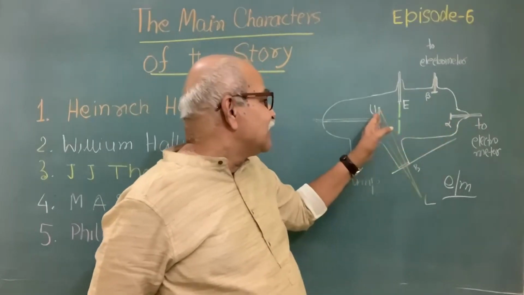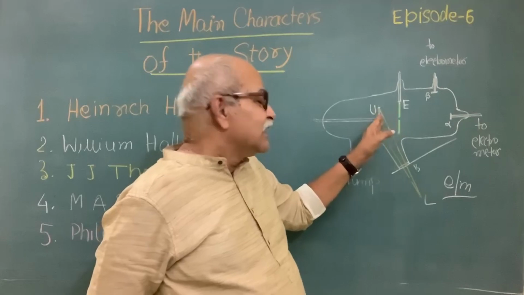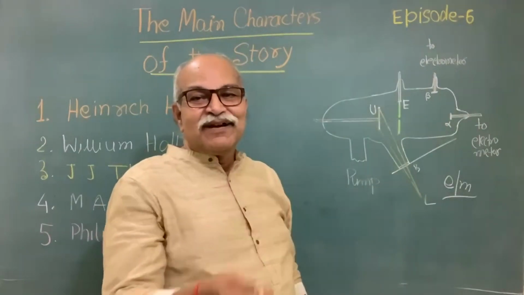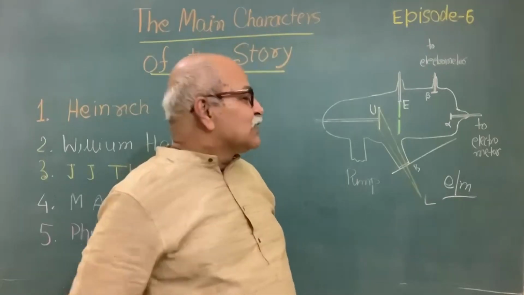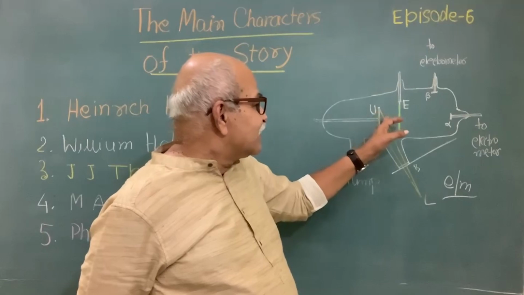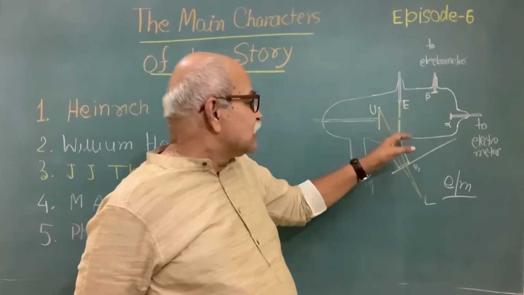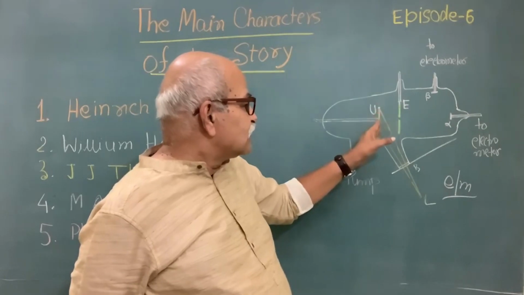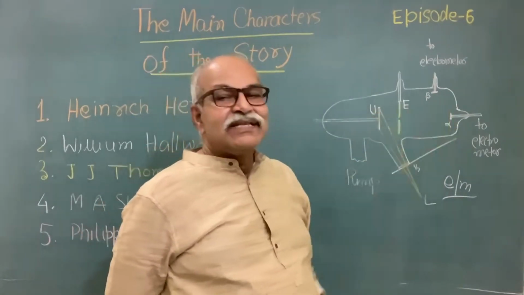The entire thing which is emitted from here is going back. Just like if you throw something up, and because of gravity it comes back. Similarly, from here the cathode rays are ejected, but because of this negative plate here, they are forced back to go on this U and not reach here.